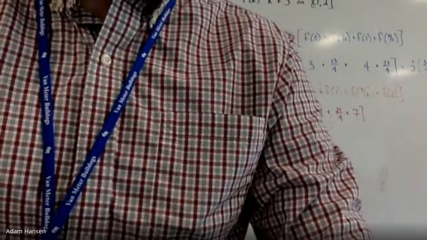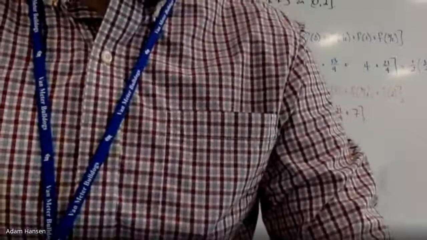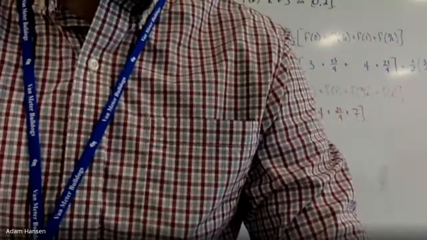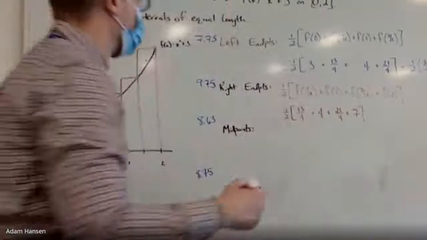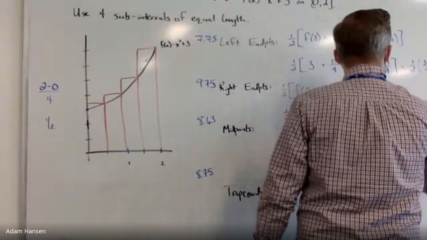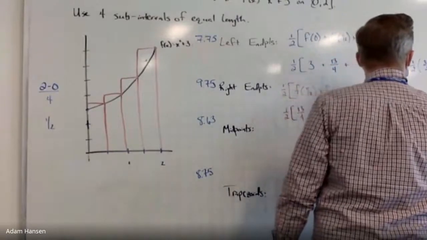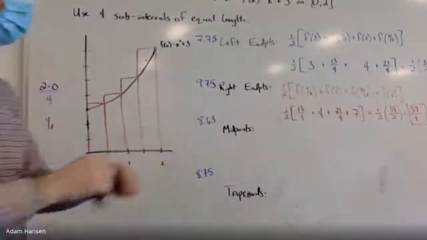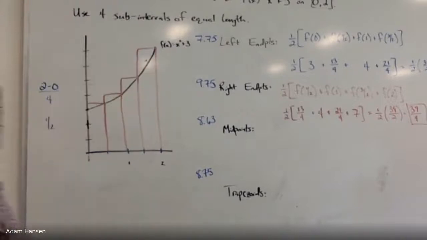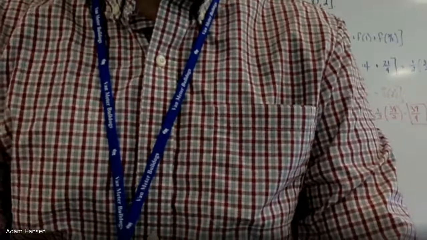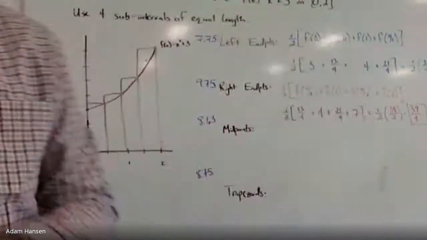So 13/4 plus 4 plus 21/4 plus 7 is 19.5 as a decimal, or 39/2. So I'm going to need 1/2 of 39/2, which is 39/4. As a decimal, I bet that's about 9.75. Yep, looking good then.